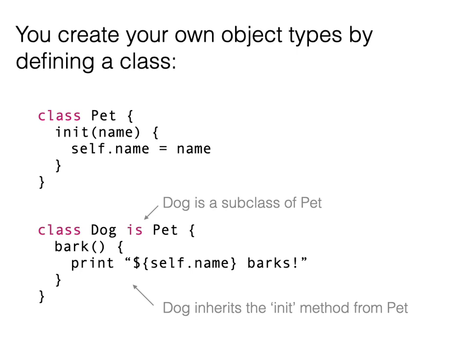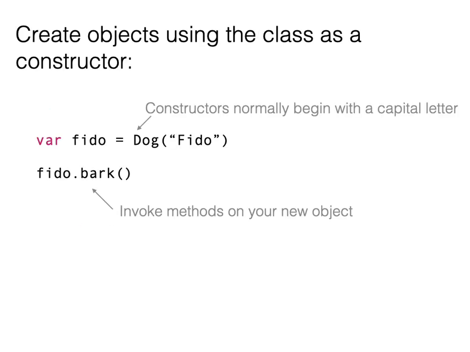Dog is a subclass of pet, so it inherits the same initializer from pet, but then adds a second method called bark. What bark does is it takes the name that we gave it when we created it and prints a simple message. Like so. Here we'll create a dog called Fido and then tell Fido to bark.